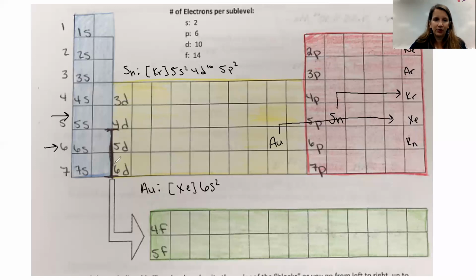Then you'll notice that the F's fit right into here on your periodic table. So after 6s2 comes 4f14, and then 5d10, and then, sorry, not 10. Gold is right here, so it's going to be 5d9.